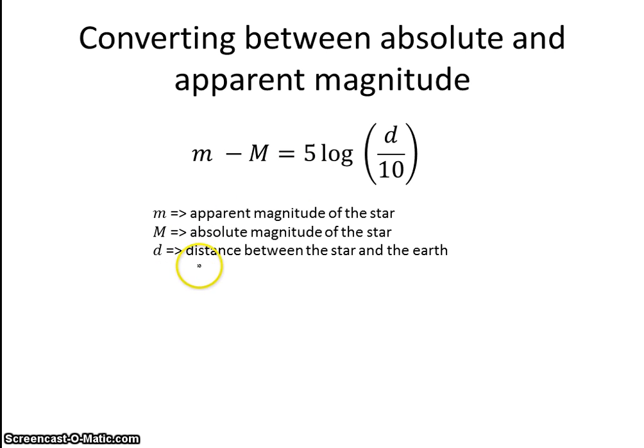If we wanted to use the apparent magnitude and the absolute magnitude to find the distance to the star, we can rearrange this equation.